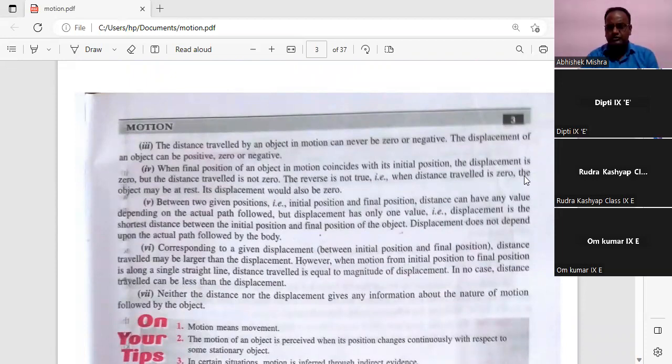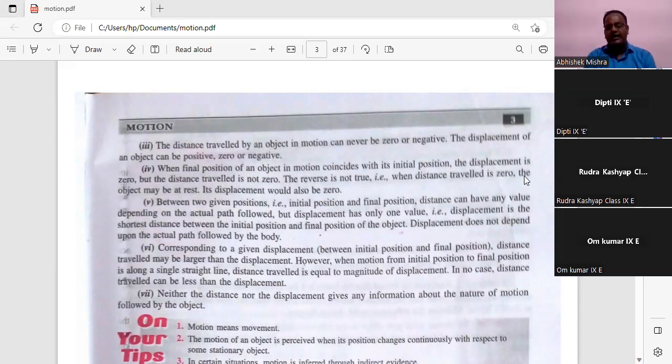Okay, let me ask one question to Rudra. Rudra, in what case will the displacement be positive? How is it happening? When the object is traveling in one direction.